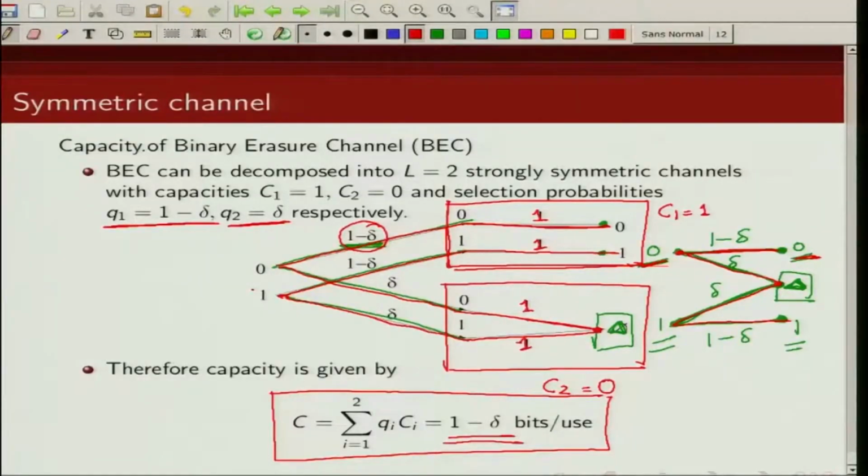Since from the inputs we are able to reach these channels with the same dispersion, we can find the selection probability of these channels, and subsequently we use the expression for the capacity of a symmetric channel in terms of the capacity of strongly symmetric channels and their selection probabilities to get the capacity of the binary erasure channel, which is 1 minus delta. So if delta is 1, capacity is 0. If delta is 0, capacity will be 1.